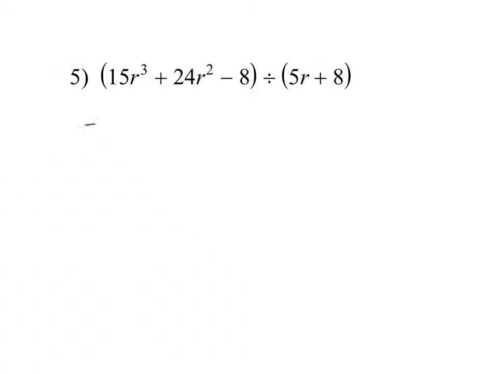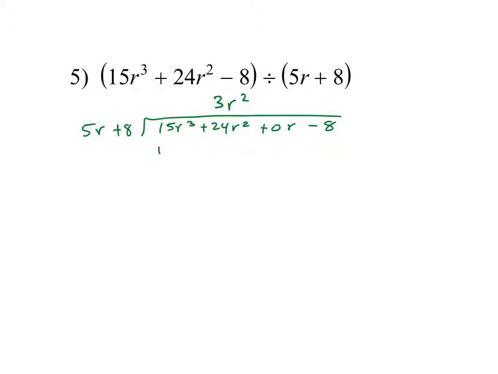So now 5r plus 8, into 15r cubed plus 24r squared plus 0r minus 8. Okay. So 15r cubed divided by 5r is 3r squared. So it's 15r cubed plus 24r squared. I'm going to subtract.